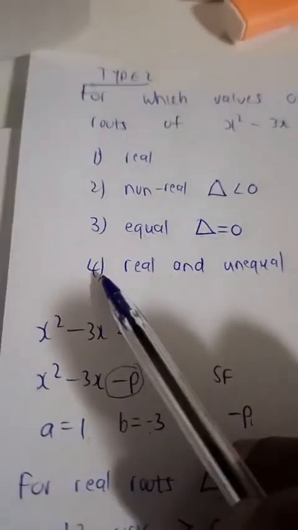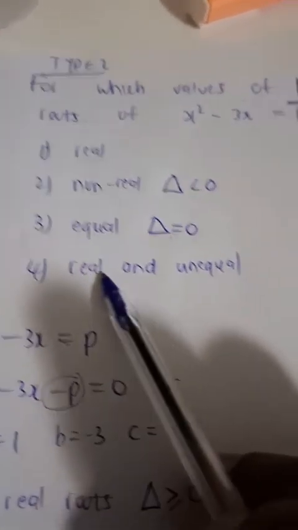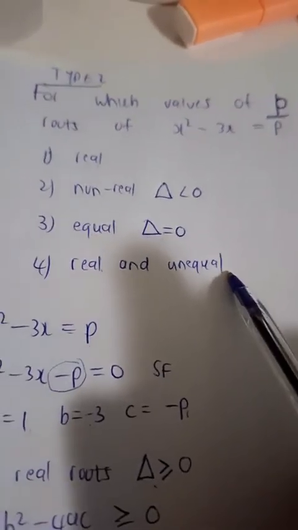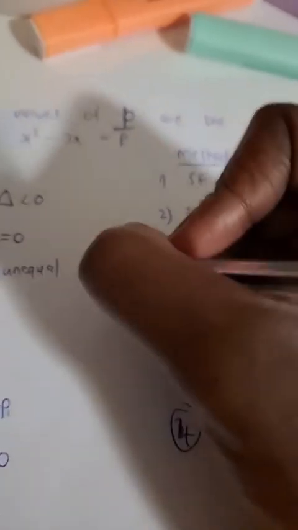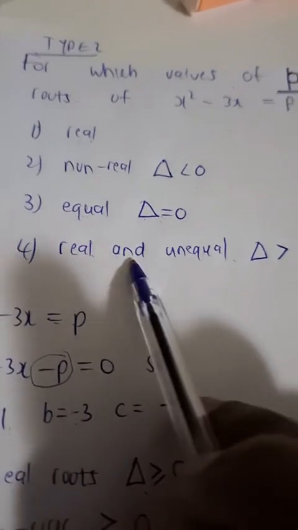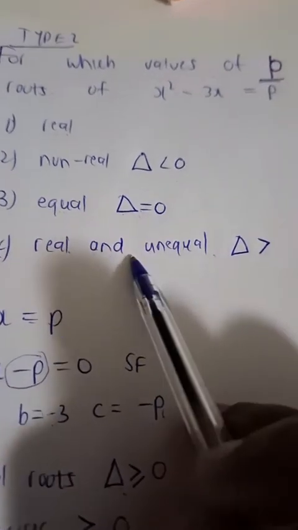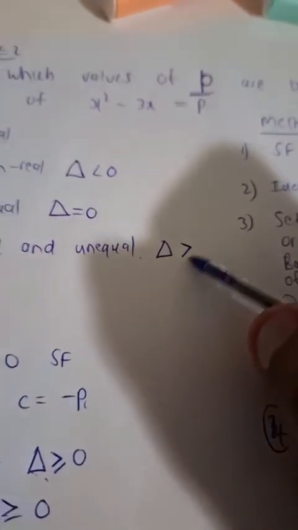Then last but not least, when it says for real and unequal roots, remember, when it's real, it means delta is greater than or equal to 0, but they are saying real and unequal. So that means I can't put equal there.